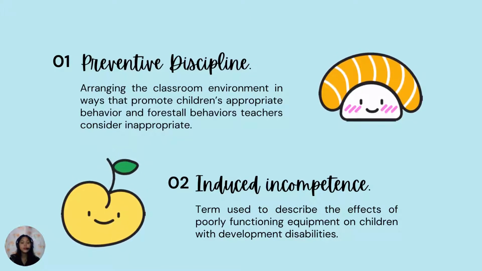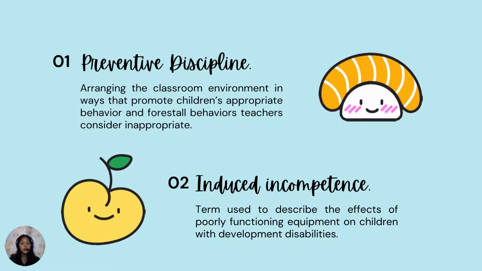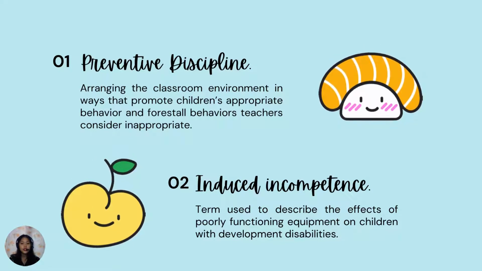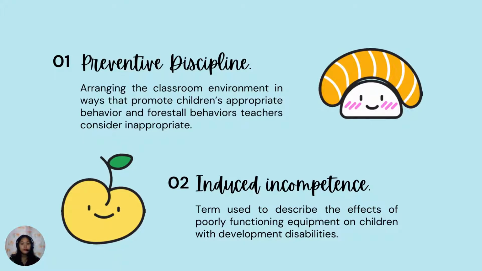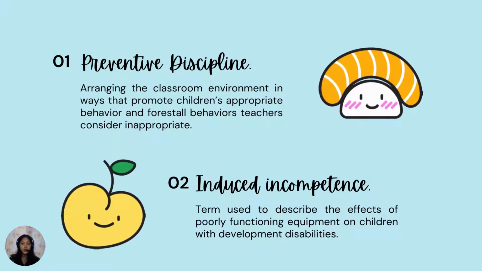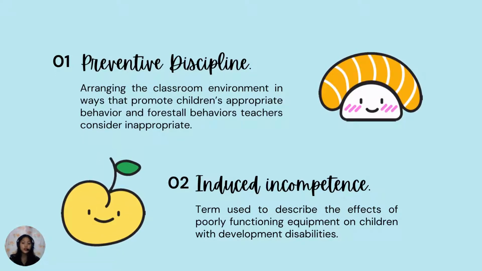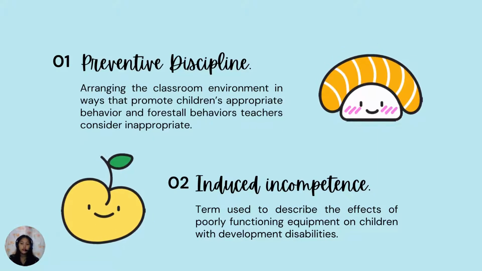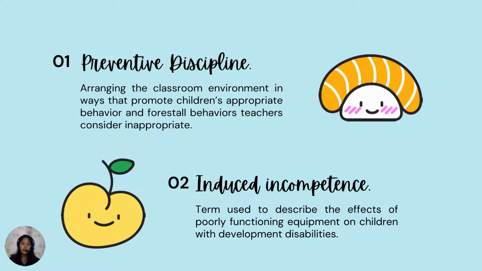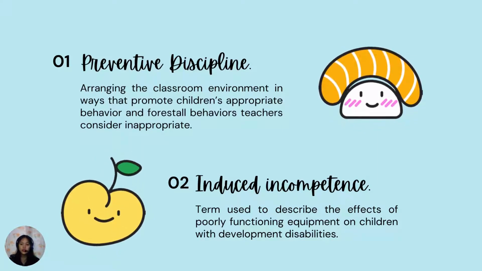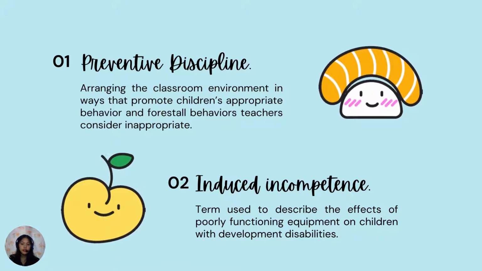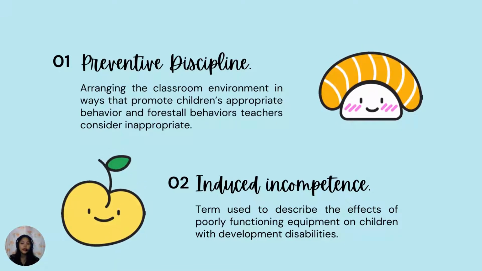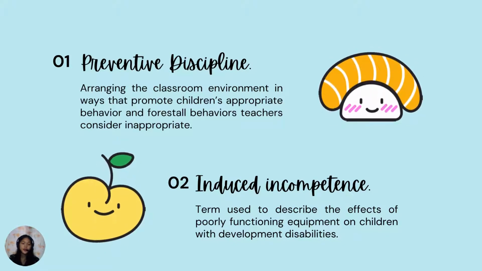Such strategies include assessment of students' needs and expectations, creation of a warm and nurturing classroom climate, development of set rules and consequences, and also development of a flexible daily routine and making learning fun and attractive to the students.